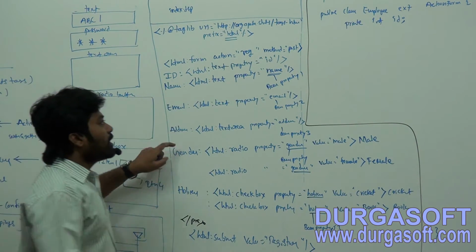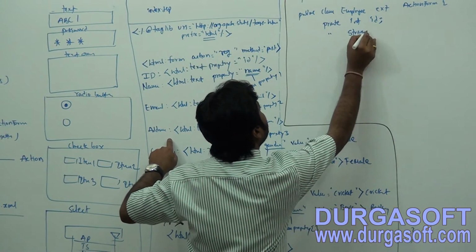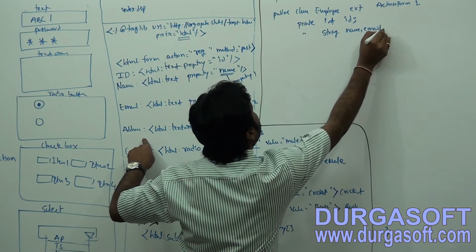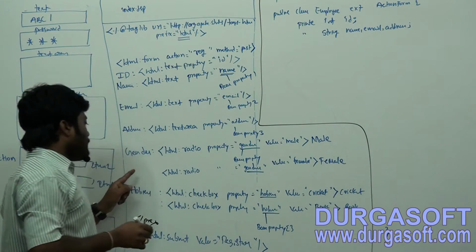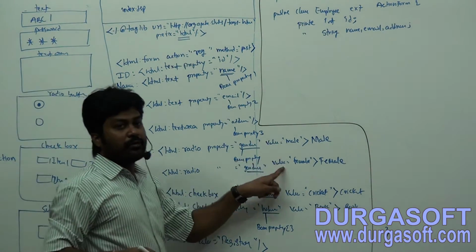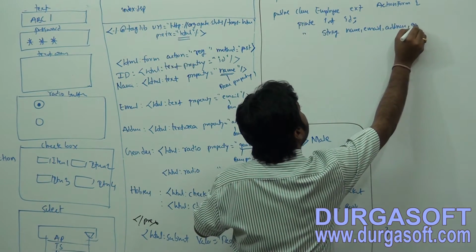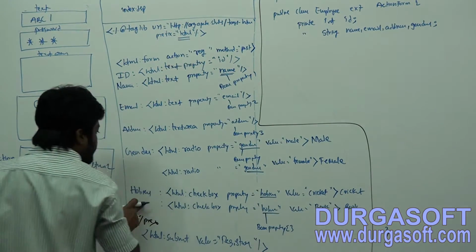And for name, email and address, strings are enough. Private String name, email, address, and gender also, it's a type of string. So gender. And we have one more field, hobbies.